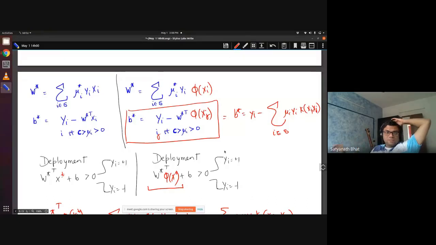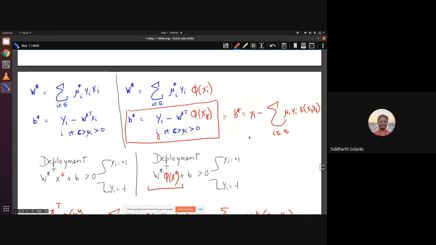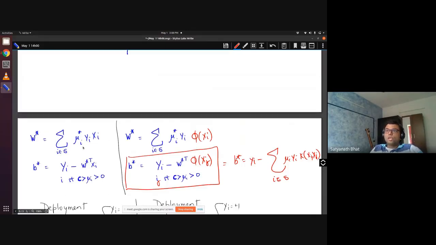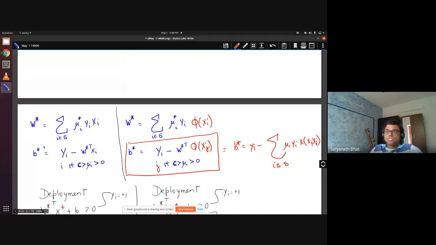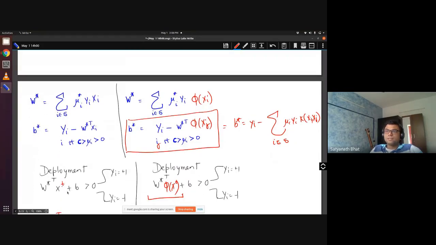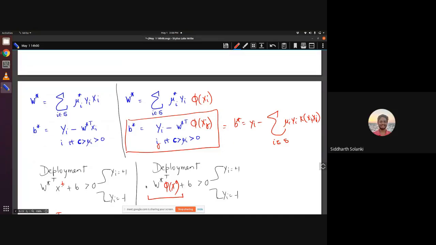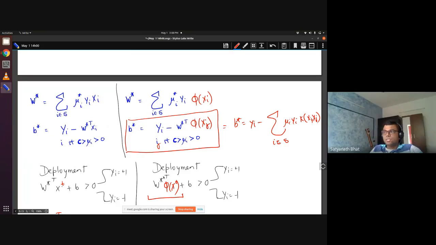Sir, I didn't follow this point. Now when you want to deploy, you will get W star, B star, and then you have to do W star transpose X test plus B, correct? When you want to use this algorithm, this you have to do, right? In the transformed space, it is W star transpose phi of X test, because X becomes phi of X when I'm working in a higher dimension; I should use the appropriate features.